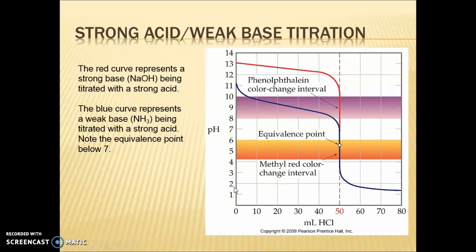So here is a strong acid with a weak base, but instead of titrating with base, we're titrating with acid. And so we're starting high and going low, but you see the same kind of change. Here's sodium hydroxide, strong. You've got that nice straight line until you get close to the equivalence point. Here's ammonia being titrated with HCl.